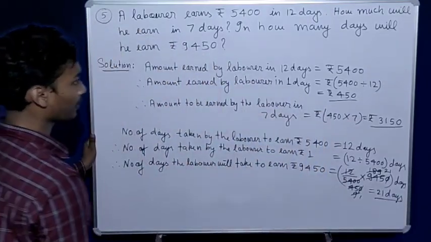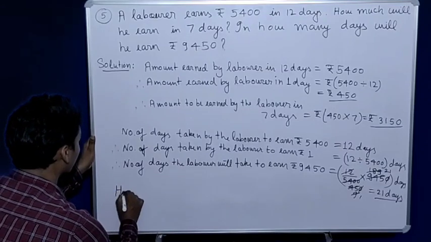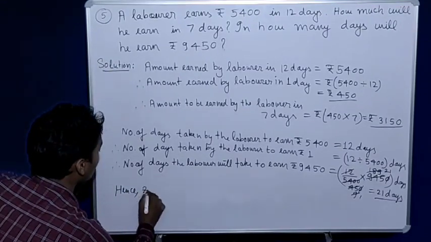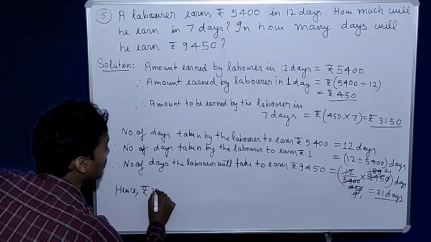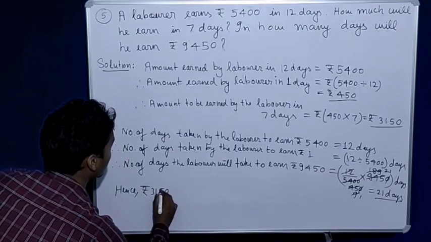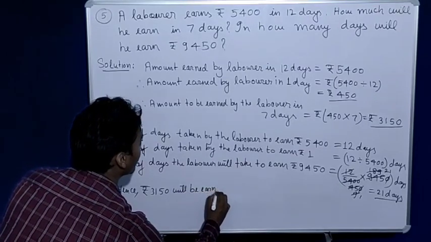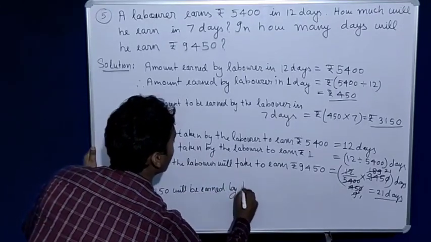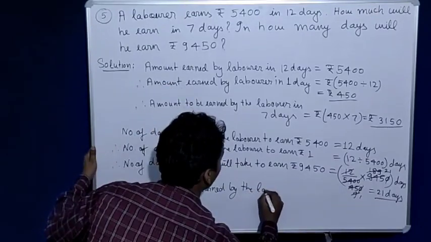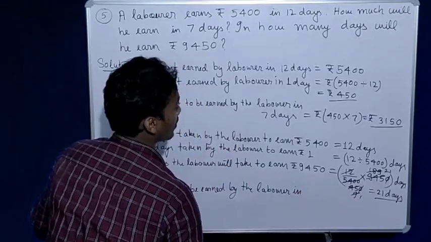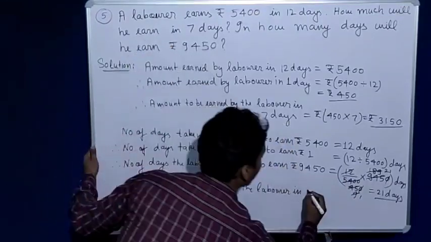So we can write, hence rupees 3,150 will be earned by the laborer in how many days? 7 days.